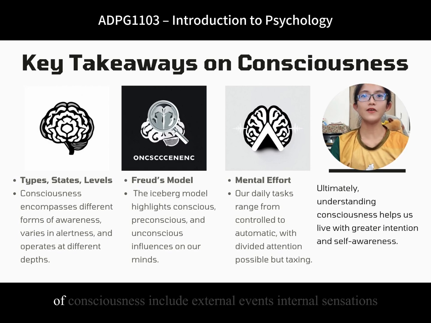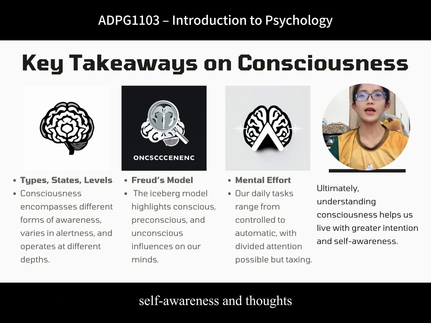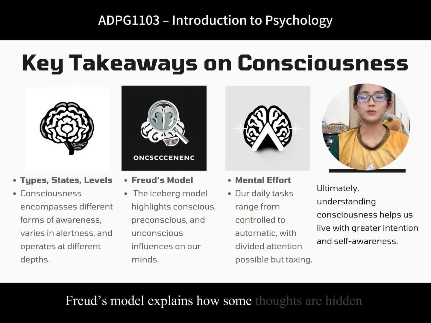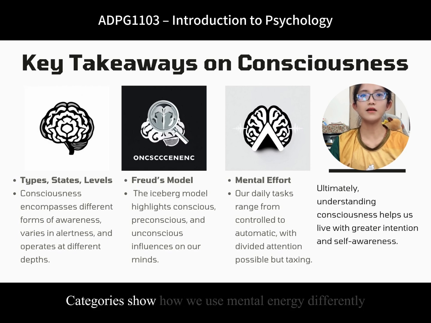To summarize, consciousness includes external events, internal sensations, self-awareness, and thoughts. States include waking and altered states. Levels vary from full attention to low awareness. Freud's model explains how some thoughts are hidden but still affect us. Categories show how we use mental energy differently.